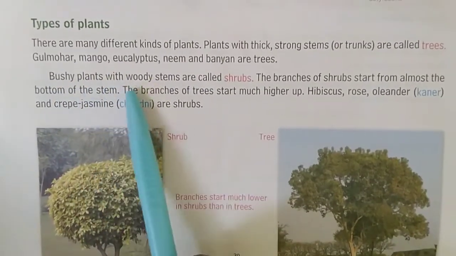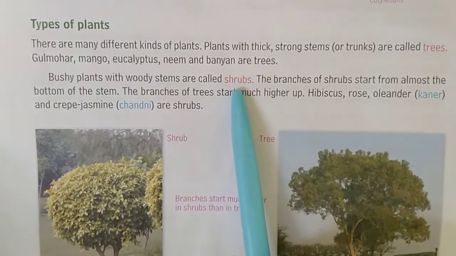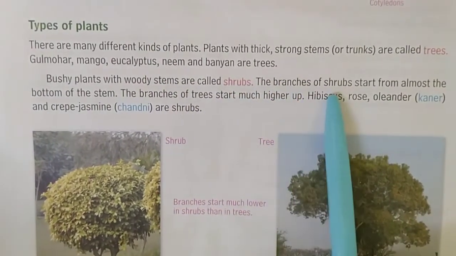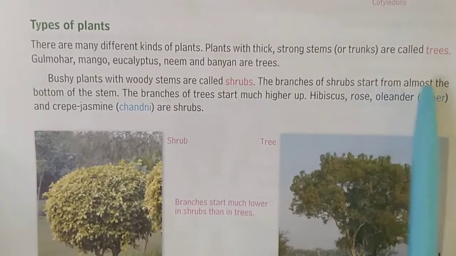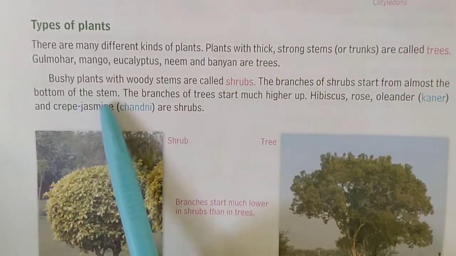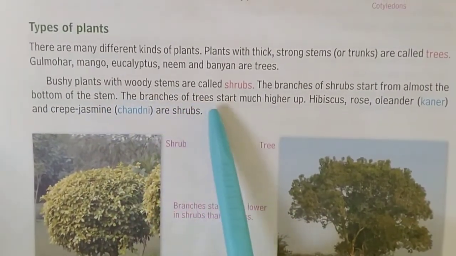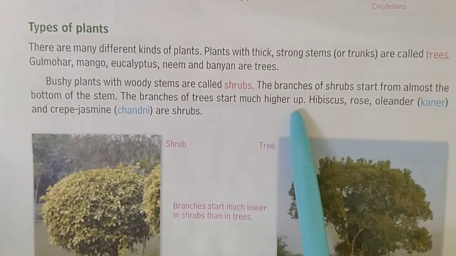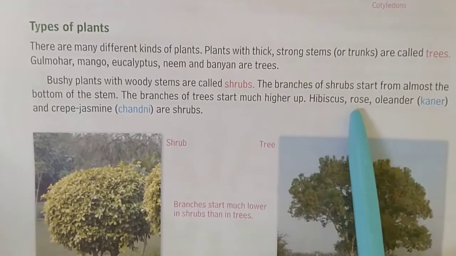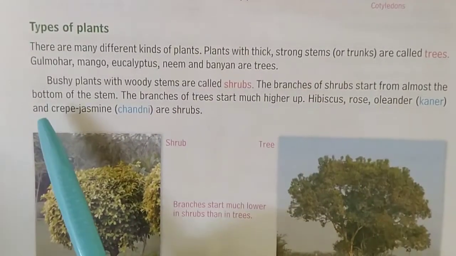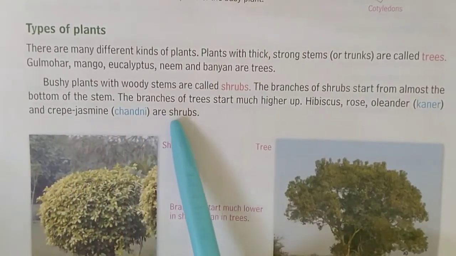Bushy plants with woody stems are called shrubs. The branches of shrubs start from almost the bottom of the stem. The branches of trees start much higher up. Hibiscus, rose, oleander and crepe jasmine are shrubs.